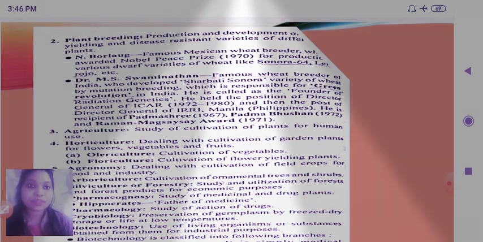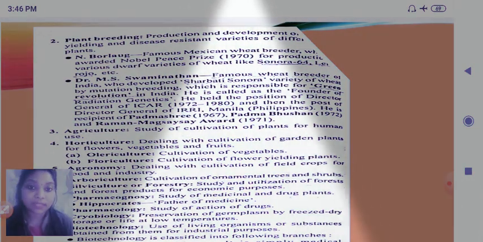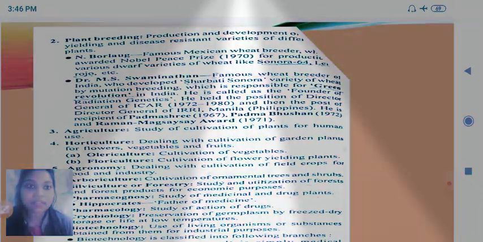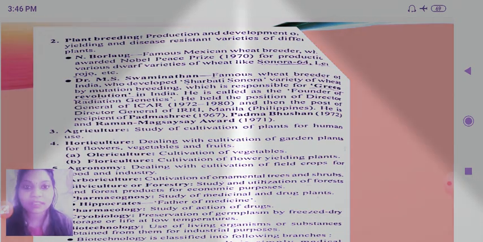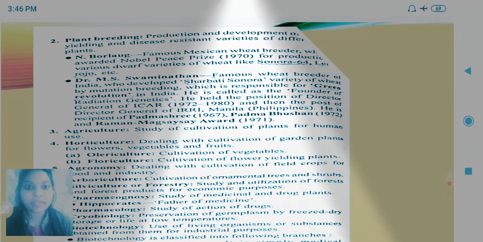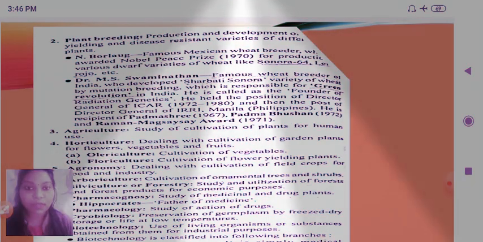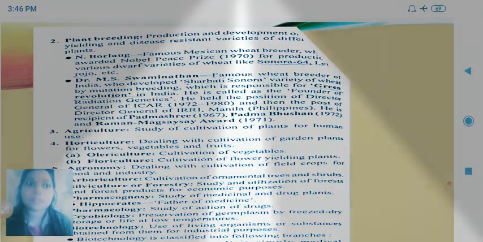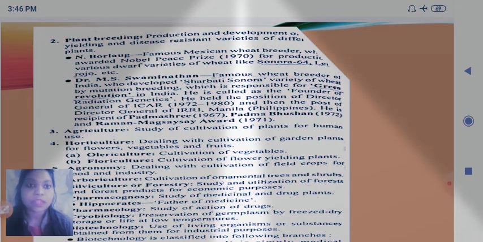And Dr. M.S. Swaminathan, I think all of us have heard his name, is the famous wheat breeder of India, who developed the Sharbati Sonora variety of wheat by mutation breeding.